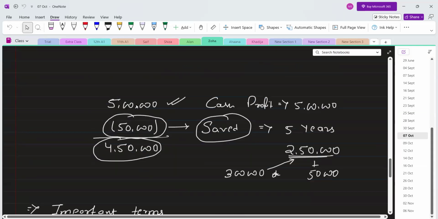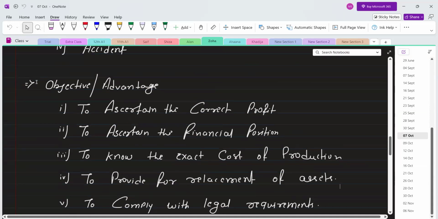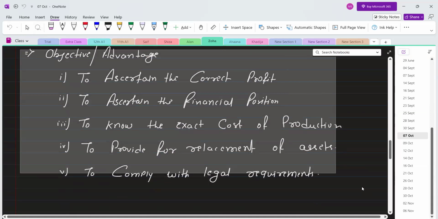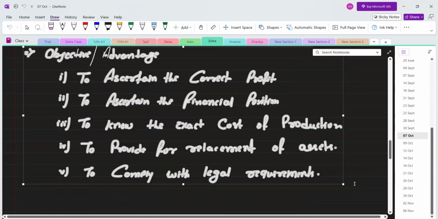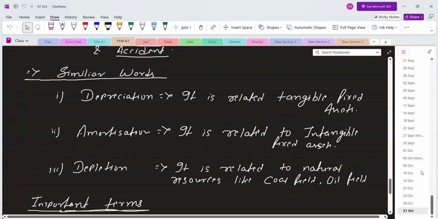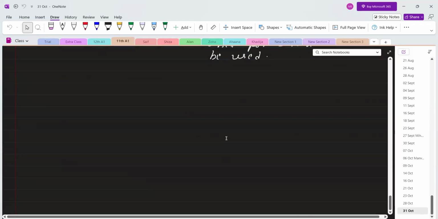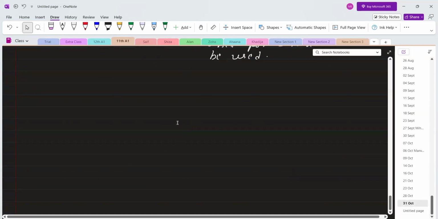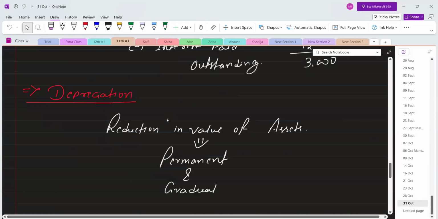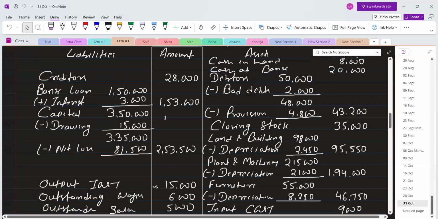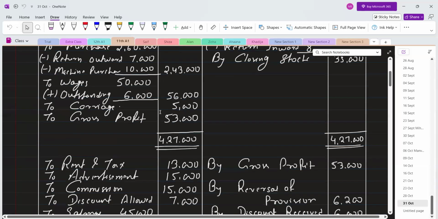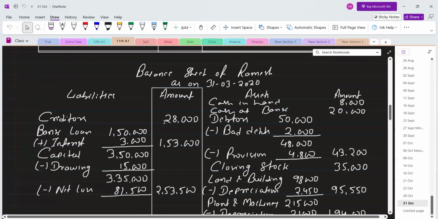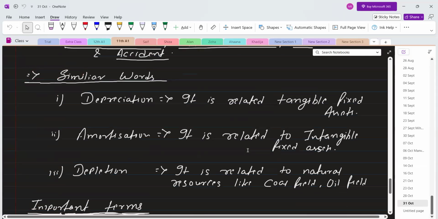You have not joined the previous class? Yes, I joined the previous class. So it is like on 31st October, we have started the depreciation part. We have solved one portion of final account, and then we have started depreciation.